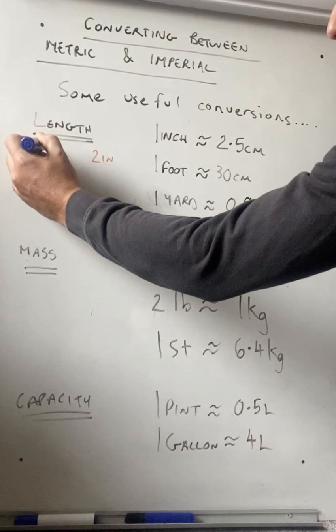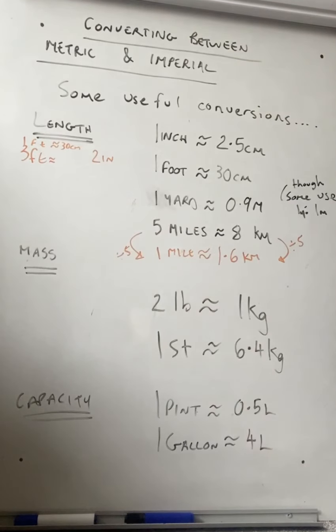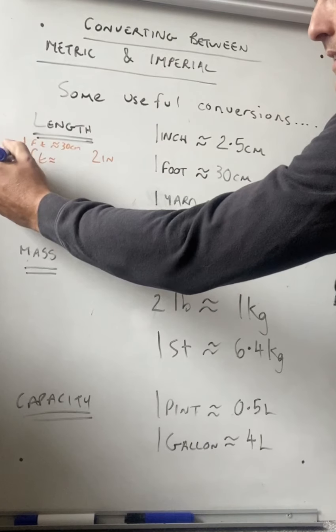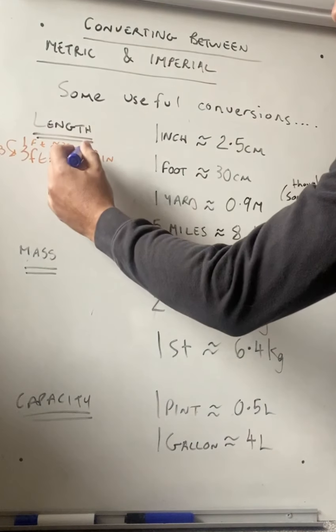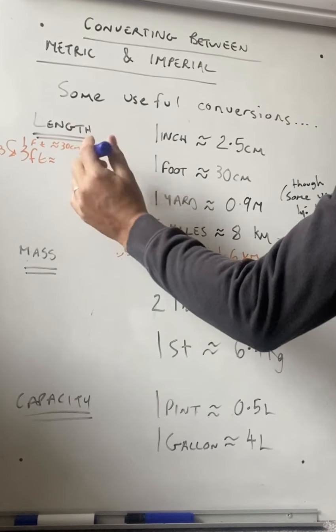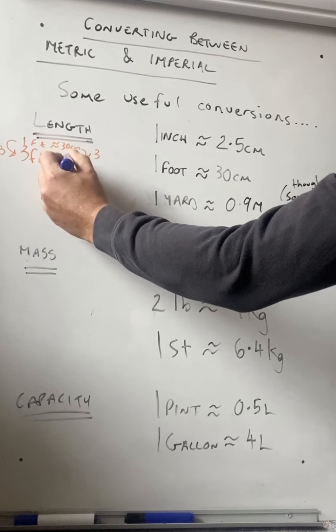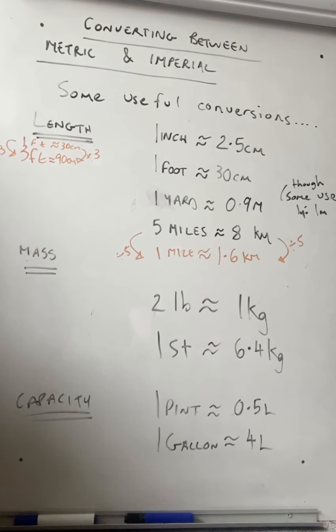So let's put that on top, 30 centimetres. So 3 foot, if we ribbon that, we times by 3 on that side, because we have to do the same thing to both sides, and that gives us 90 centimetres. So with 1 foot is 30 centimetres, 3 foot is about 90 centimetres.